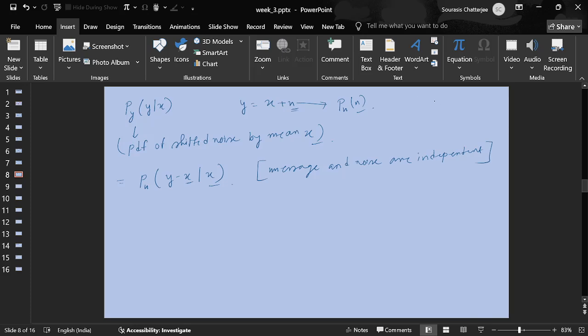So when x and n are independent, we can write probability of y given x as probability of y only, right? Using that argument, this is probability of noise y minus x here.